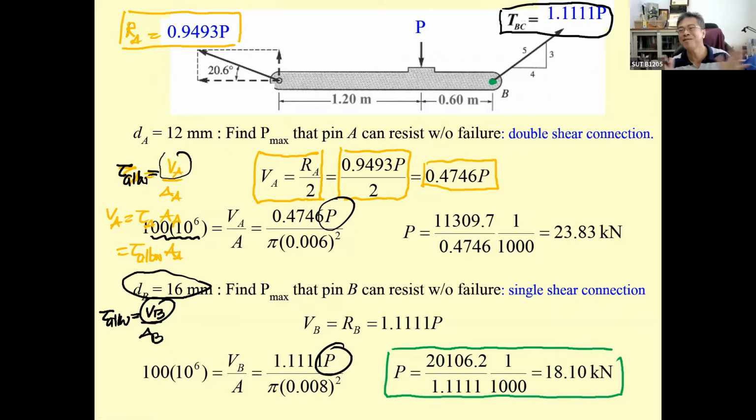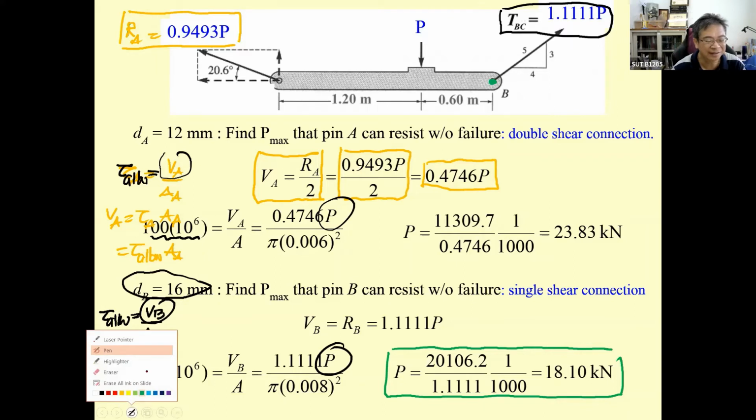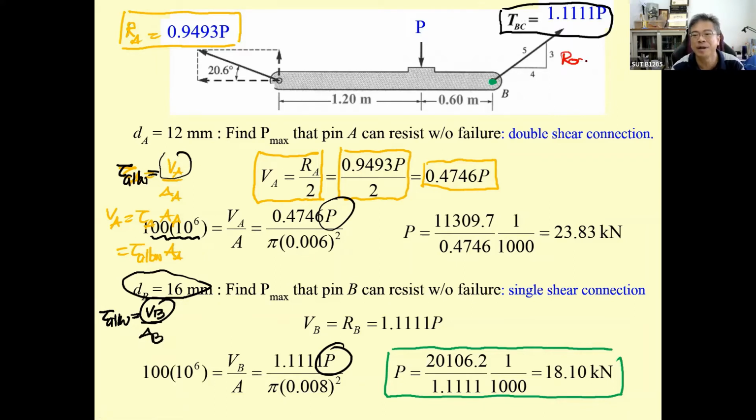Okay, this problem is easy because this problem didn't discuss the rod BC. If you prefer to take care of this one, Ajahn will provide you what sigma allowable is. Let me specify sigma allowable equal to tau allowable of 100 megapascal.